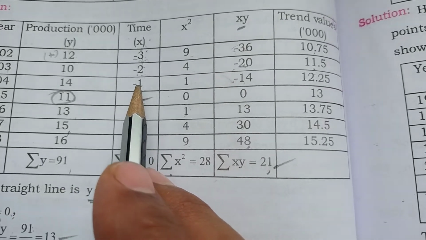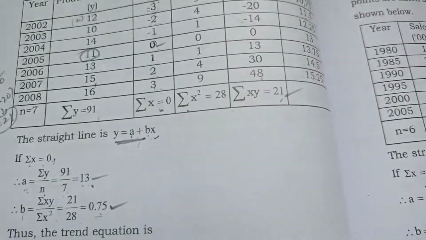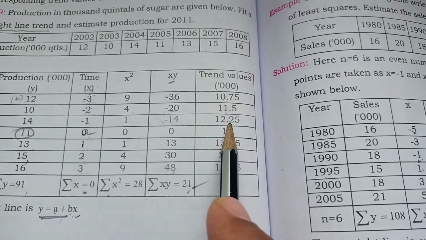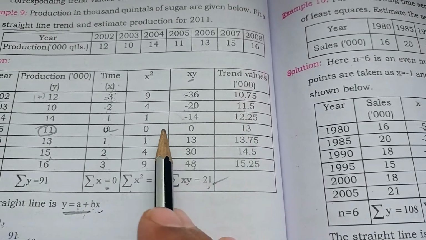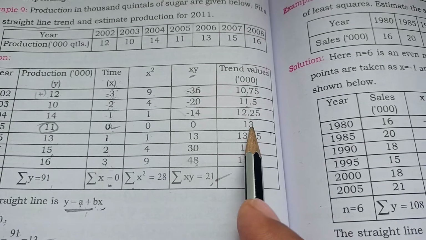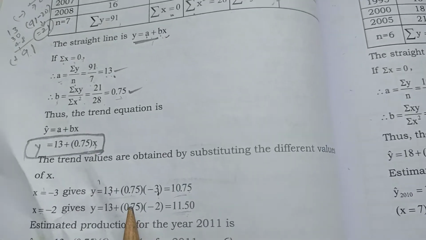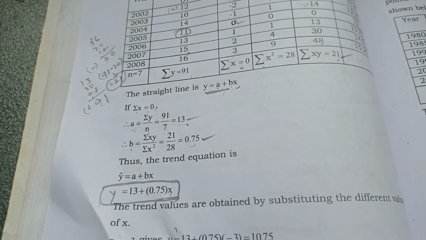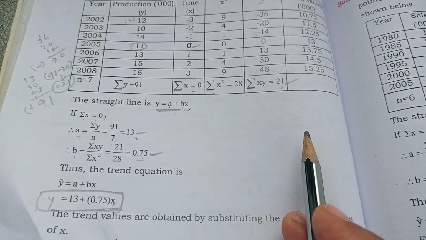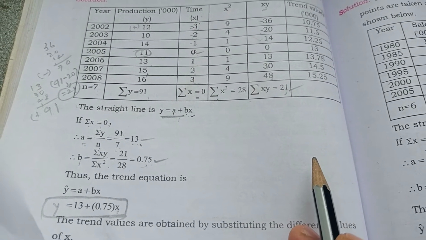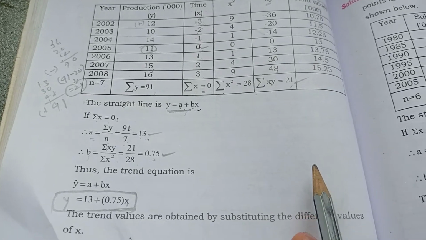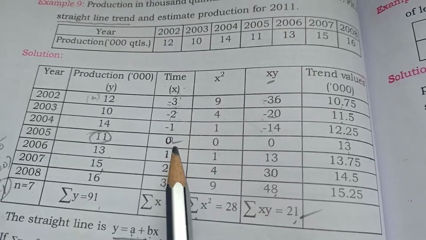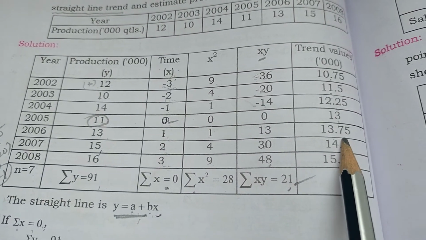Next, we will put the -1 value. If I put -1, I will get 12.25. If I put 0, I will get 13, because this whole term will become 0. Just take a calculator and paper to simplify, you will get the answer. Like this, if I put x value 1, I will get 13.75.